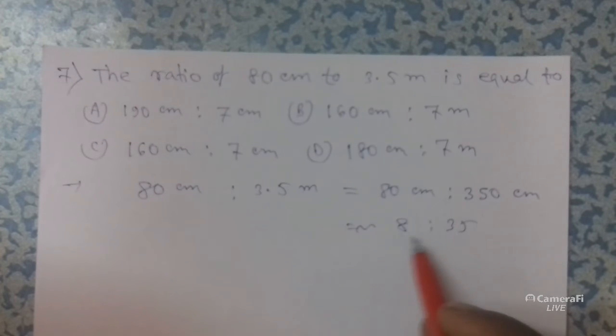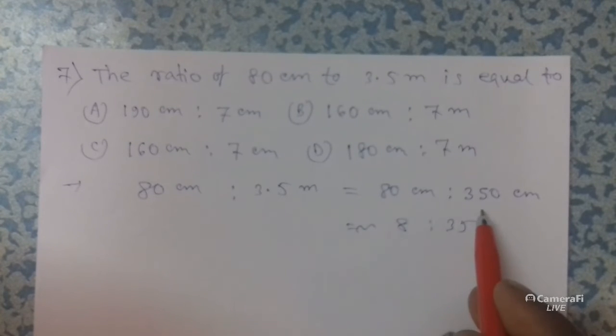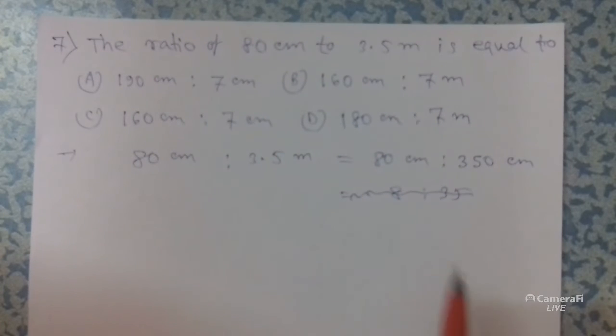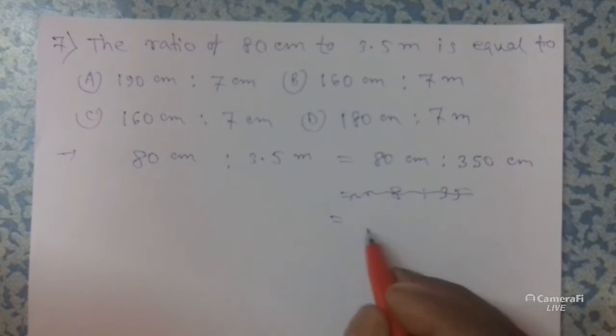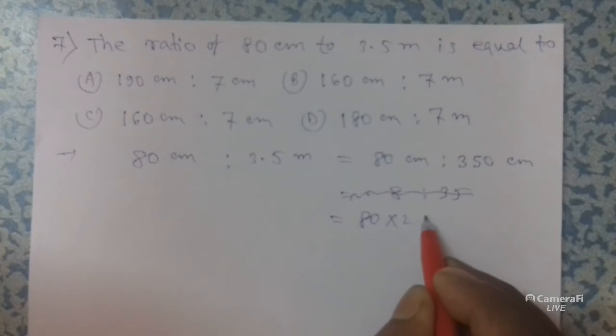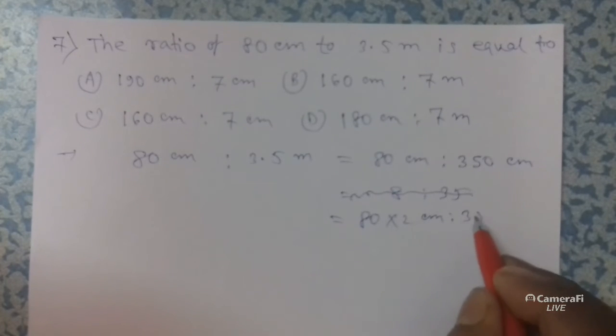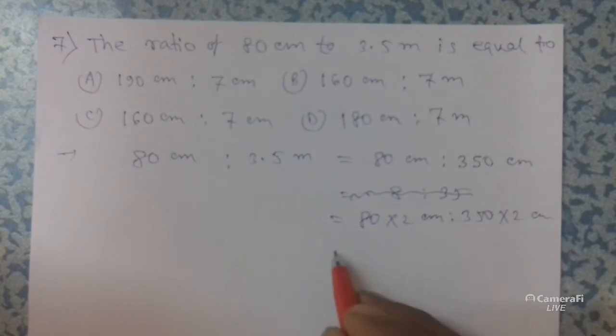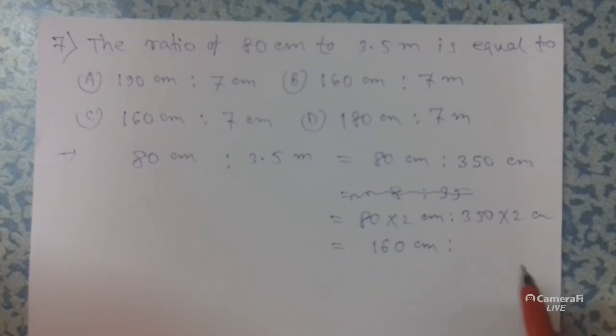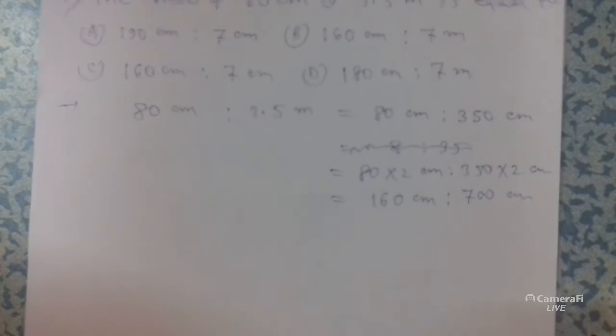So in this way the options will not match. So to match the answer, we have to multiply both sides by 2. So 80 multiplied by 2 is to 350 multiplied by 2. 80 multiplied by 2 is 160 centimeter and 350 multiplied by 2 is equal to 700 centimeter.